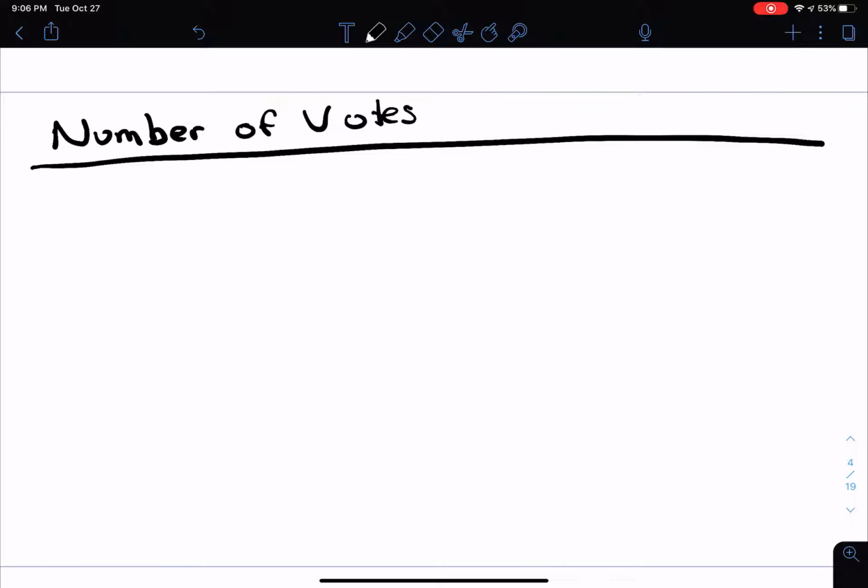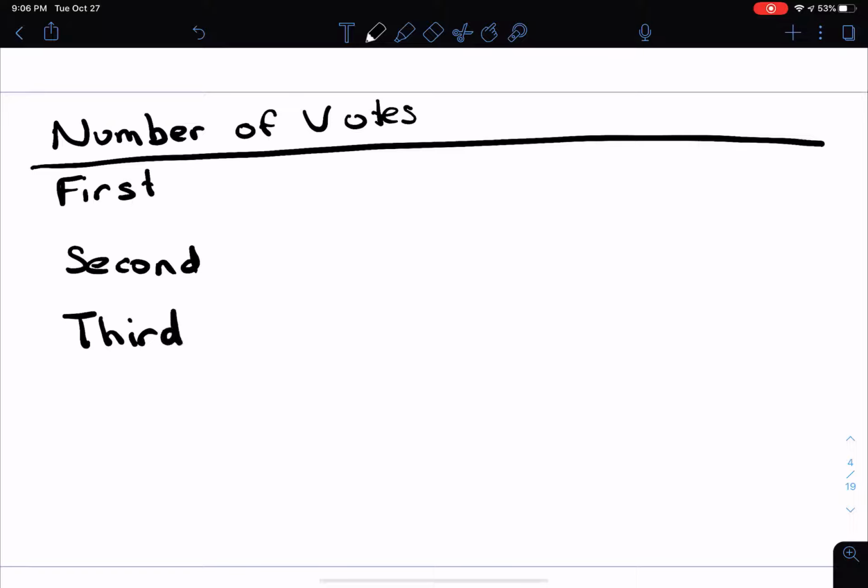And then you might list the first place vote, second place vote, third place vote. Let's say you're trying to vote between A, B, or C. Out of the people that cast votes, you might have 8 people that voted for B first, A second, and C third. You might have 12 people that voted for A first, C second, B third.